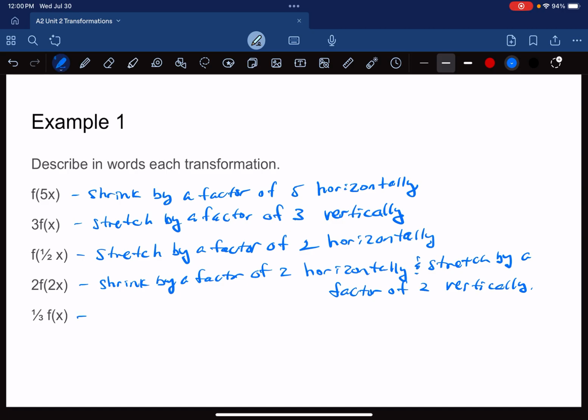And then 1/3 f of x is outside, so it's going to shrink by a factor of 1/3. We ought to put the shrink here as 1/5. So think reciprocal: for 5, 1/5 is the shrink factor.